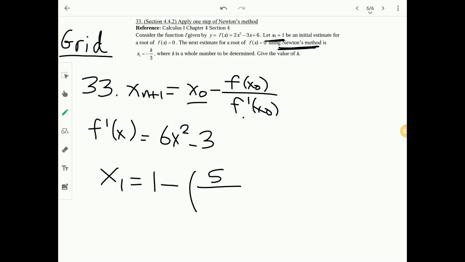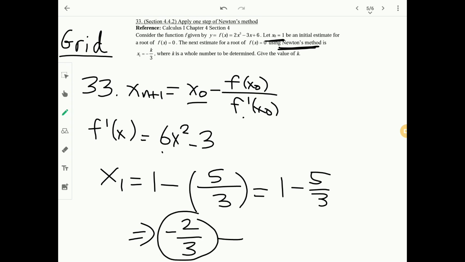Now 6 times 1 squared minus 3 is 3. So basically it is 1 minus 5 over 3. Substituting, you get 3 over 3 minus 5 over 3, which is minus 2 over 3. So k is 2. And that's how you solve grid question number 33.